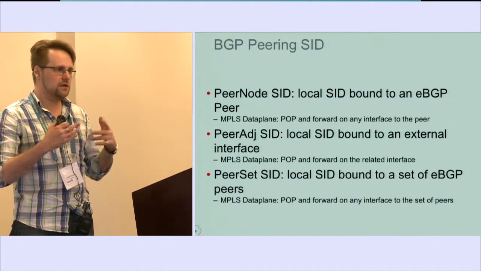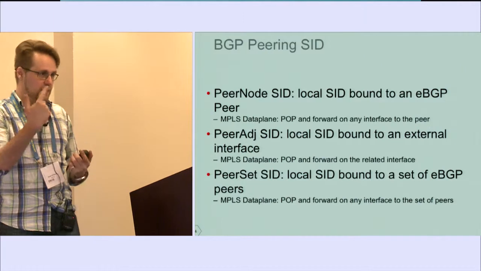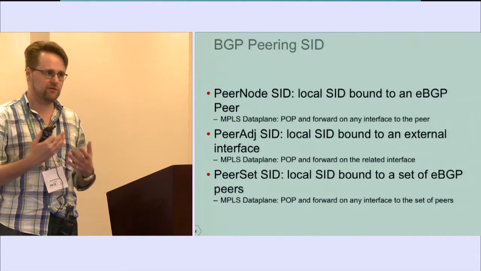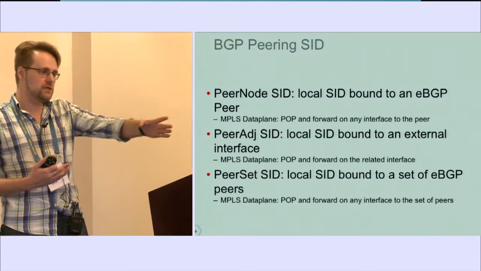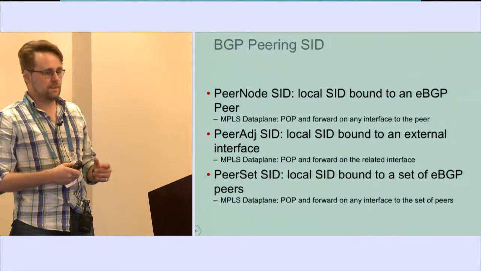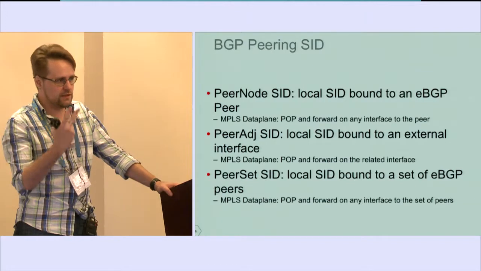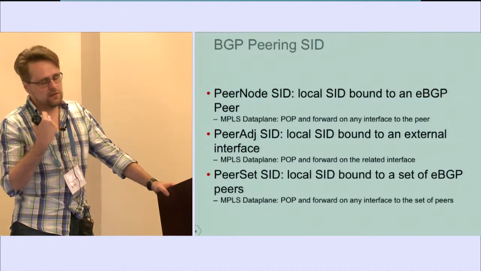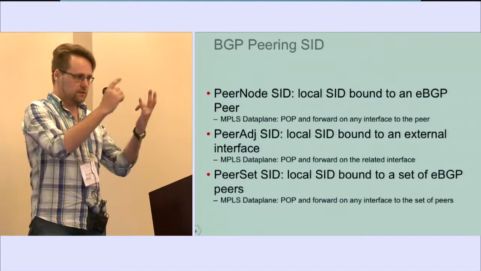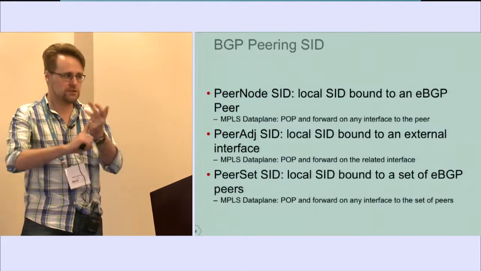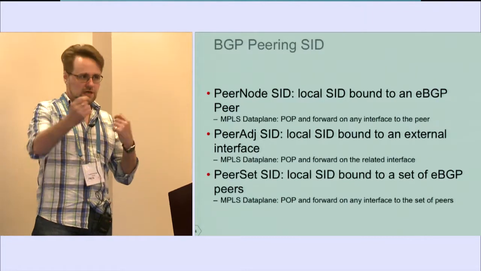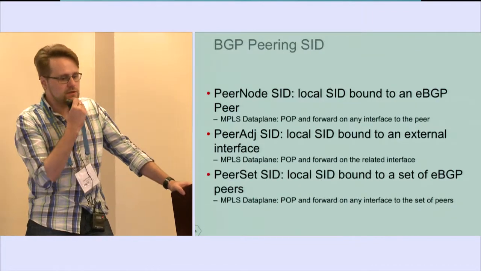Why are they different? It's a standard structure. We have several parallel links, one BGP session and one peer. But we want to be flexible enough to be able to choose one of the parallel links to this peer. So when we have two links to one peer, we allocate three SIDs: a peer adjacency SID for one link, a peer adjacency SID for the second link, and a peer node SID for the BGP session.